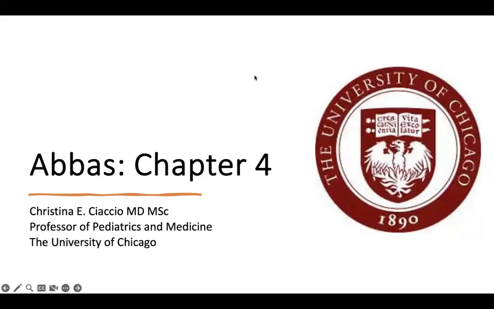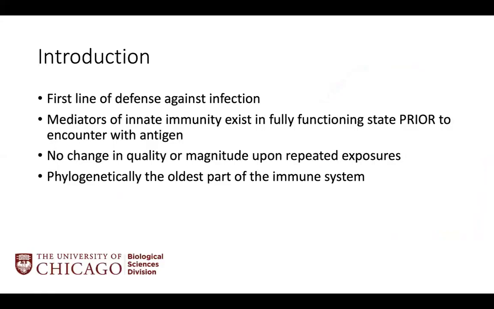Okay. All right. So today we're talking about the innate immune system. This is, of course, the very first line of defense against infections. All the mediators of the innate immune system are fully functioning prior to an encounter with an antigen, which contrasts it with the adaptive immune system, of course.